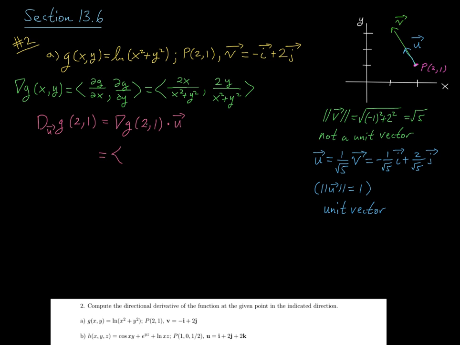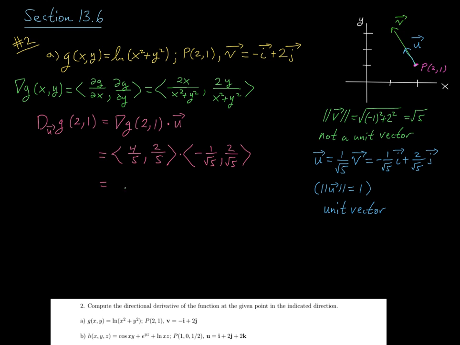Plugging in 2 for x and 1 for y, the components of our gradient are 4 over 5 and 2 over 5, and we're dotting that with the vector u, which I'll write with angle bracket notation to be consistent: minus 1 over root 5 and 2 over root 5.